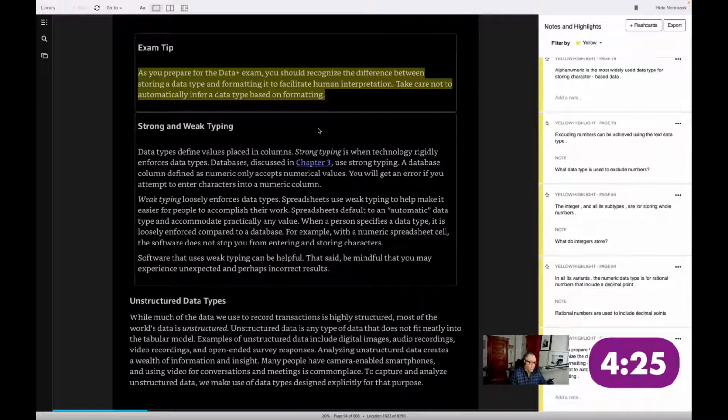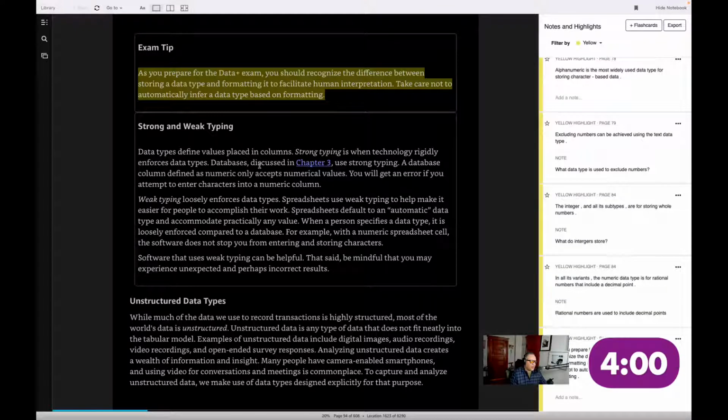Obviously it's an exam tip, but I could see there being some way that they want us to know the difference between how a data type is stored and how it is formatted for a human to read it and determine what the numbers are.